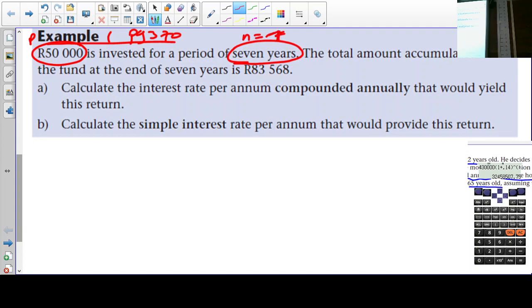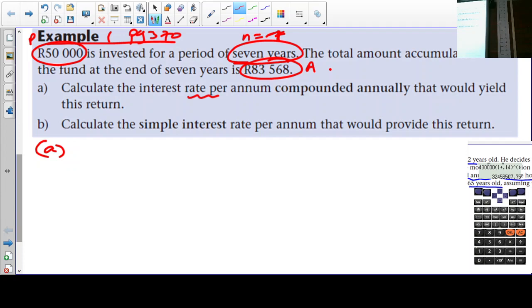The total amount accumulated in the fund at the end of 7 years is 83,568 Rand. What does that tell us? That's your A value. You guys understand? First question: calculate the interest rate. So I'm calculating the rate here, the i value, per annum, compounded annually, that will yield this return.